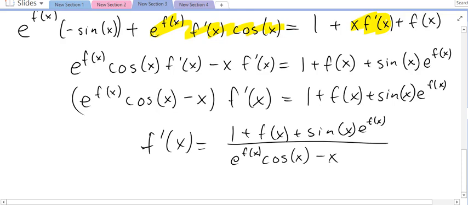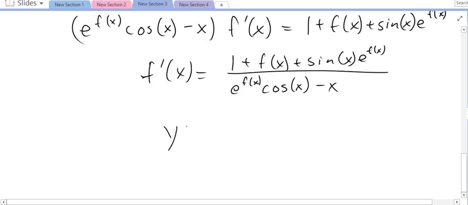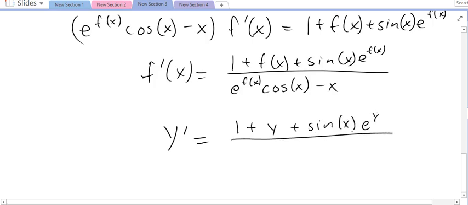We've got f prime by itself. We want to go ahead and make our substitutions back in. So we get y prime equals 1 plus y plus sine of x times e to the y over e to the y cosine of x minus x. And there is our derivative.